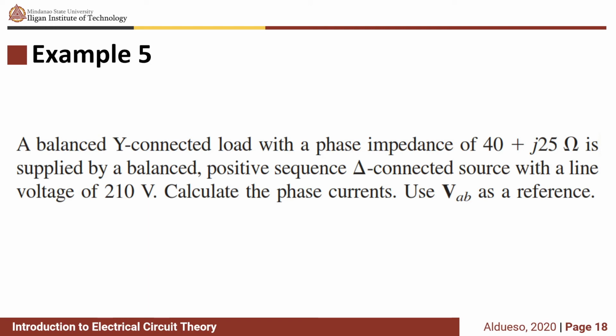Calculate the phase currents. Use VAB as a reference. So we have VAB as our reference: 210 angle 0 volts. And then we have ZY per phase, 40 plus J25 ohms.